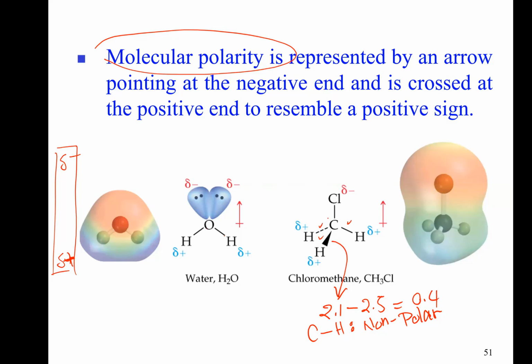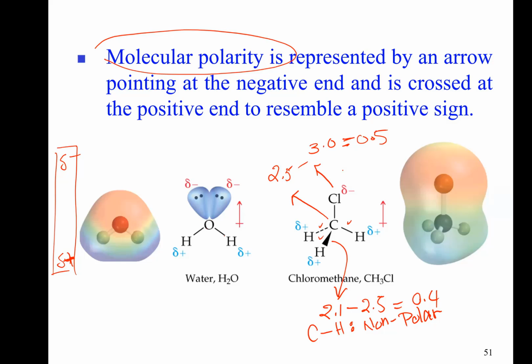What about the bond between carbon and chlorine? Electronegativity of carbon, 2.5. Electronegativity of chlorine, 3.0. The difference is 0.5, and 0.5 is the minimum you need to make a bond polar.